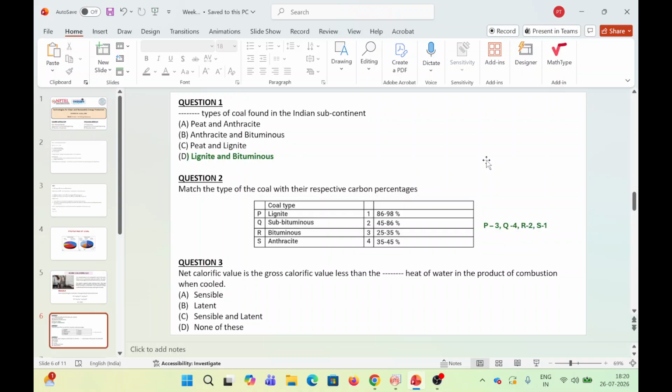Net calorific value is the gross calorific value less the dash heat of water in the product of combustion when cooled. Is it sensible and latent, or none of this? Latent. Any other answers?